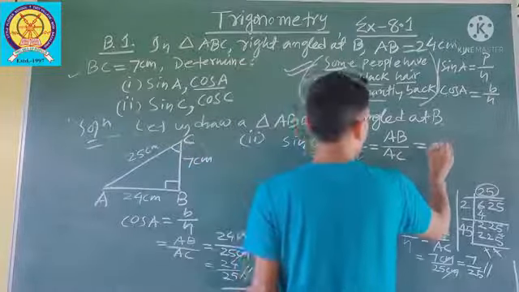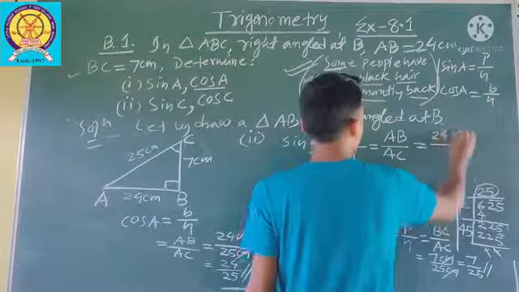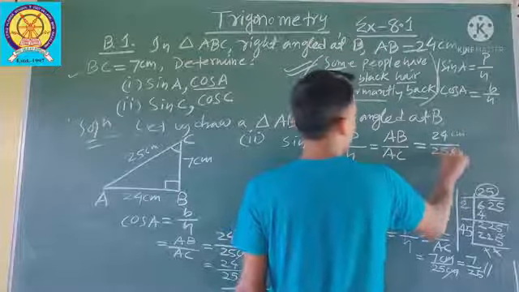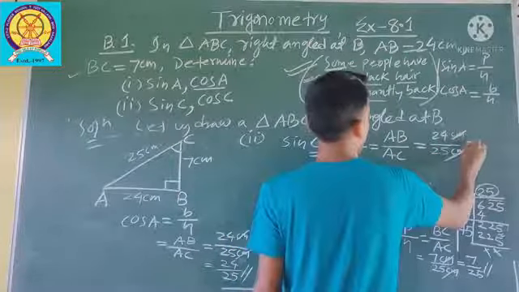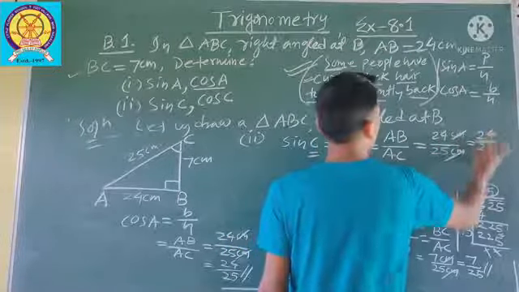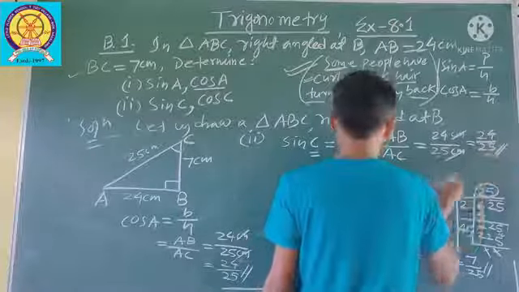AB we have 24 cm, AC is 25 cm. The cm cancel, so it will be 24 by 25.